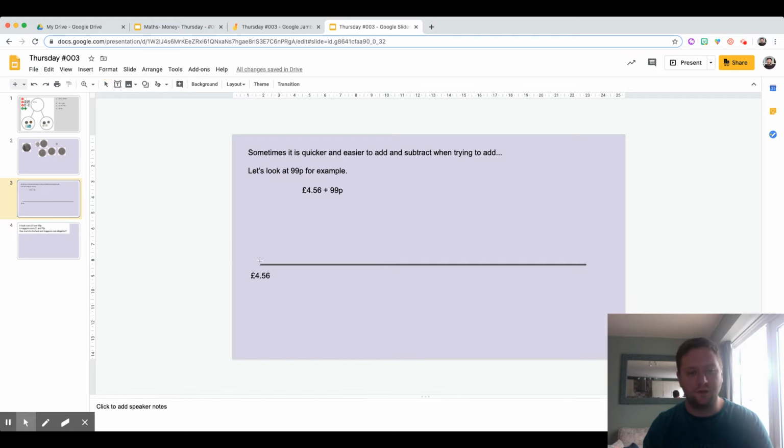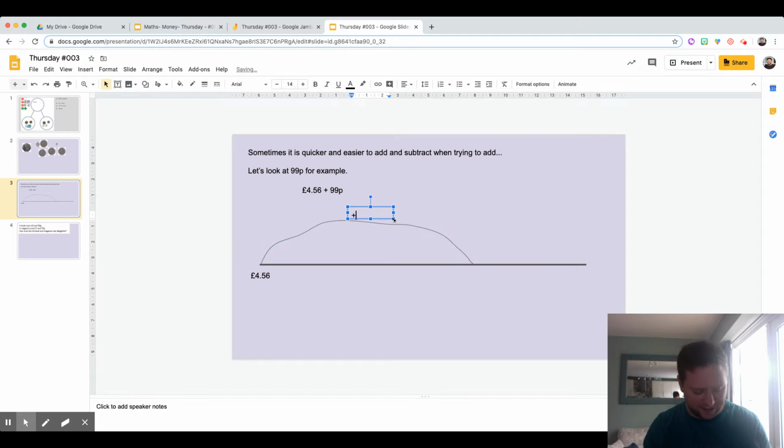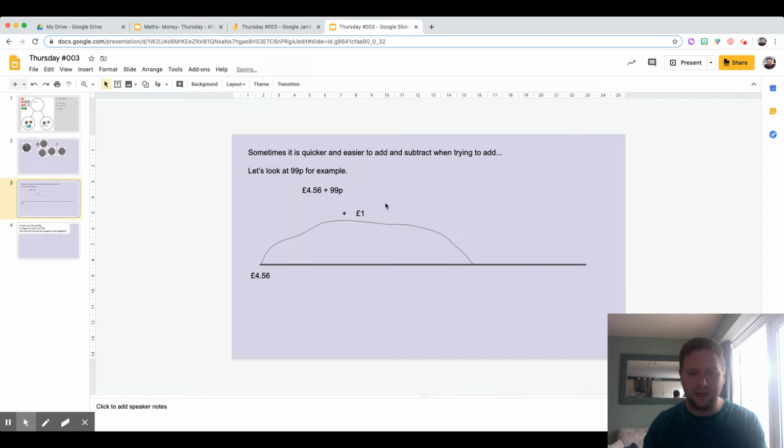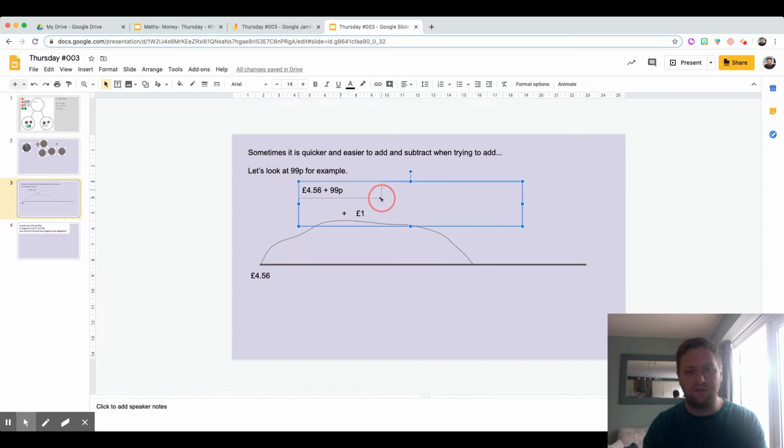The first thing I'm going to do is I'm going to add £1. So one big jump, and I'm going to add £1 on first. Now I'm adding £1 because I know from my place value that £1 is 100 pennies, and 100 pennies is very, very close to 99 pennies.